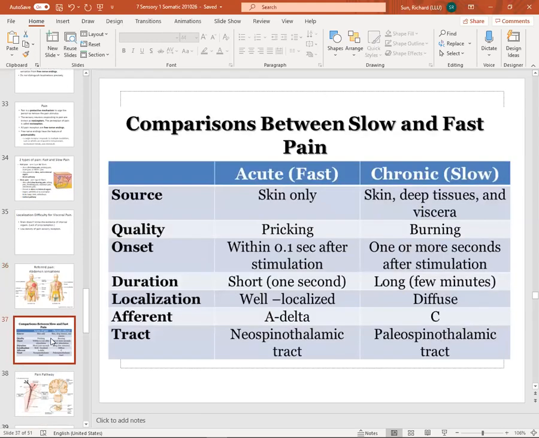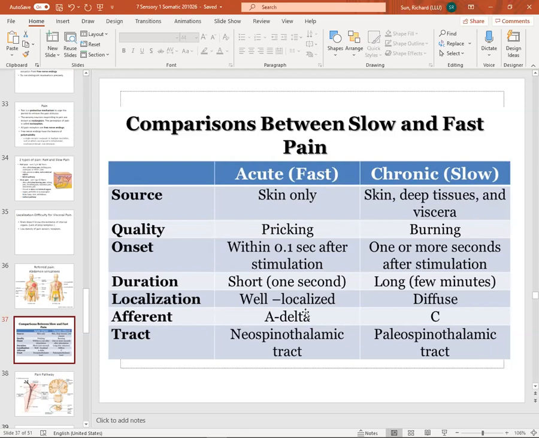So this table summarizes the difference between fast pain and slow pain. The receptor goes with A delta or type C. Acute pain, or fast pain, with A delta is in the skin only. Slow pain with type C can be in the skin and in the deep tissue.